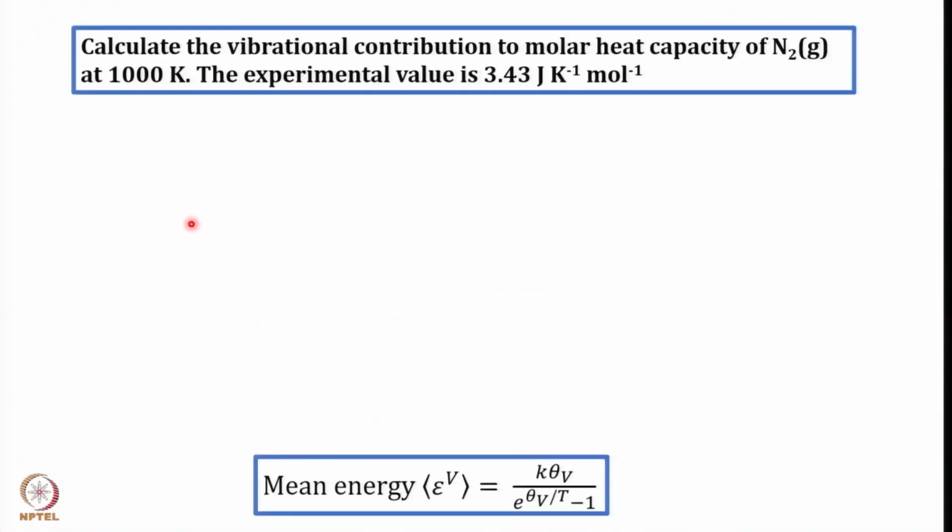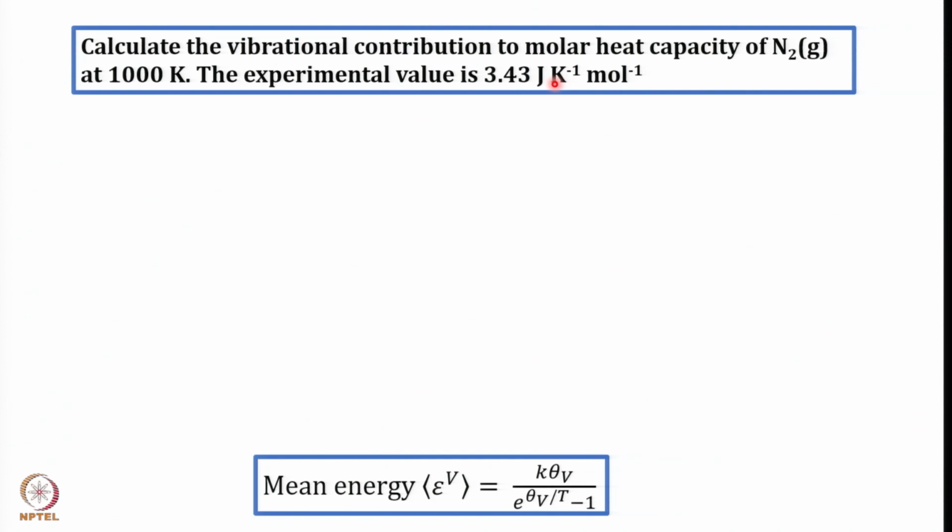The question is, calculate the vibrational contribution to the molar heat capacity of nitrogen gas at 1000 Kelvin. The experimental value is 3.43 joules per Kelvin per mole. The question is the calculation of the vibrational contribution to molar heat capacity.